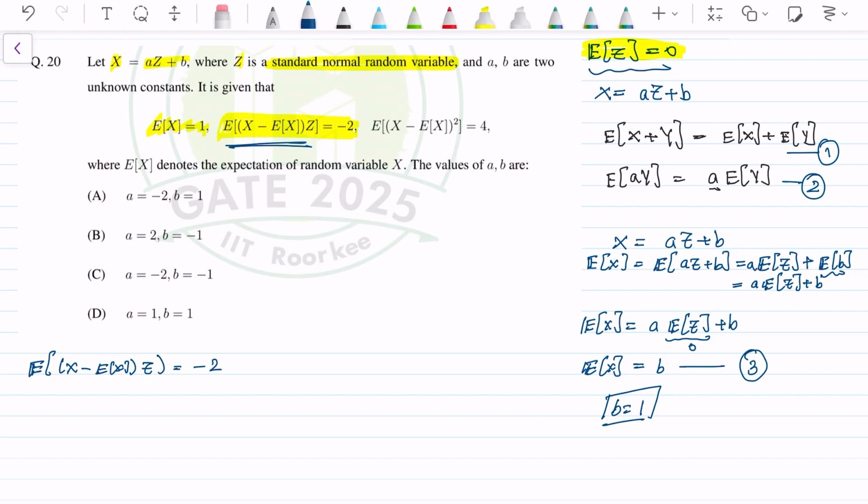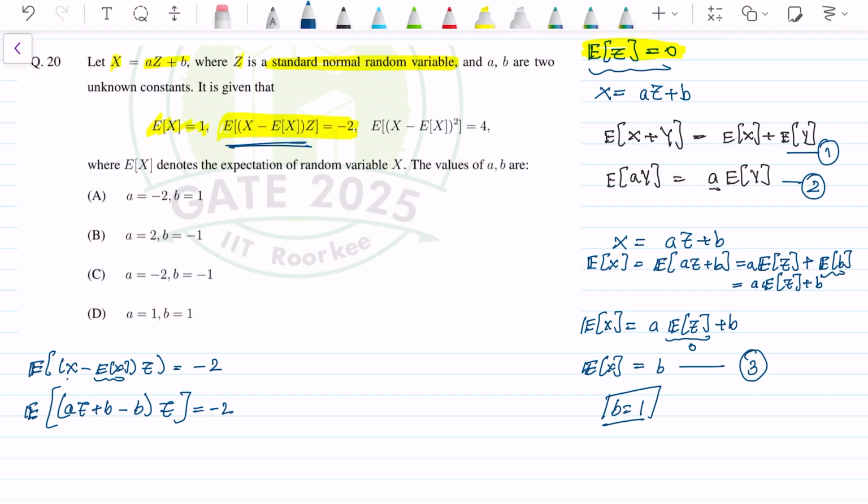Okay, so now we know that expectation of x is b from the equation 3, and also x is given as az + b, so we have written that into z, and the entire expectation, and this value is -2.